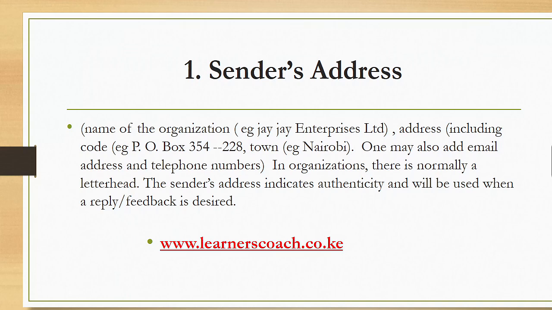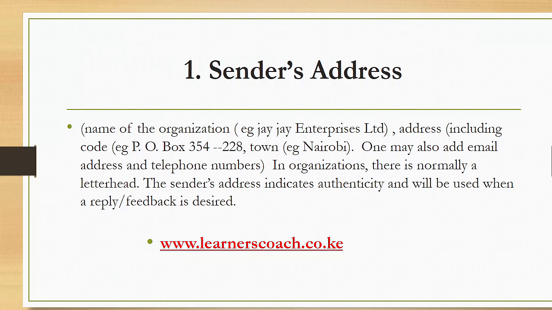I'll also show you how to write an application letter step by step. I'm actually looking at the structure of all formal letters. So this could be an application letter, it could be a complaint letter, and of course it could even be an order letter. So ensure that you have the name of the organization, including the address, that is the PO box, right?